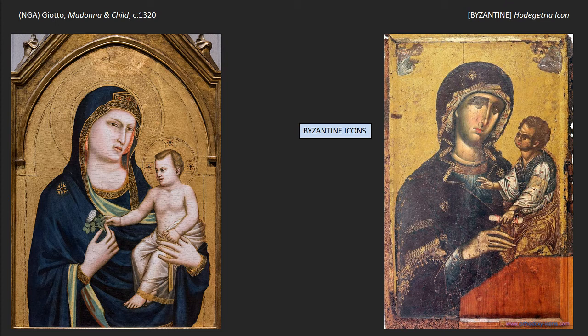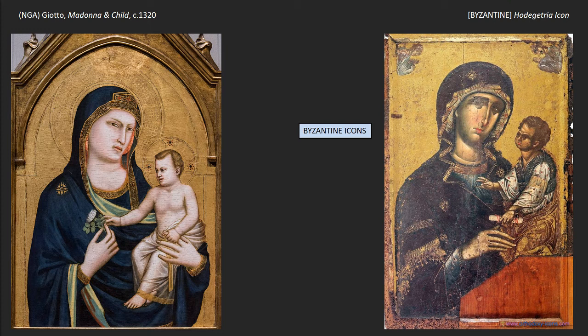And this accounts for her hand coming across the front, directing your attention, pointing the way to Christ the Savior. And Giotto follows that, and we saw that similarity not only with Giotto's work, but also with the others that we had looked at. They were following this Hodegetria type. And again, he's made innovations here, giving us the cute little finger and the rose that we talked about.